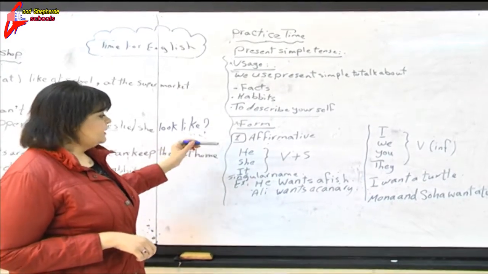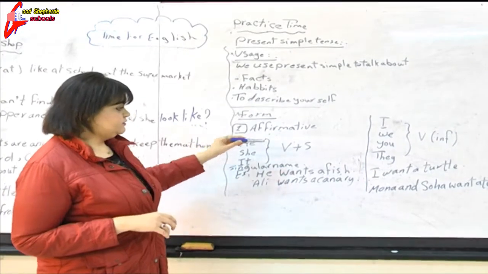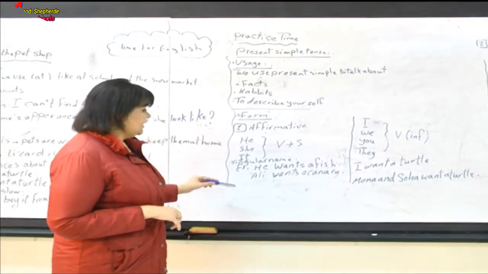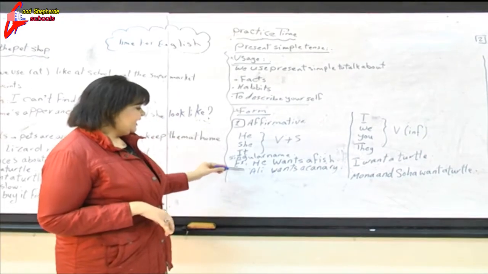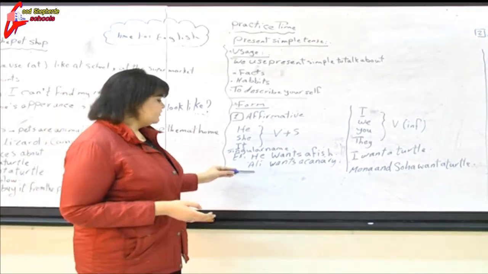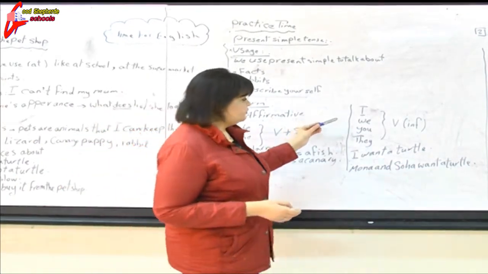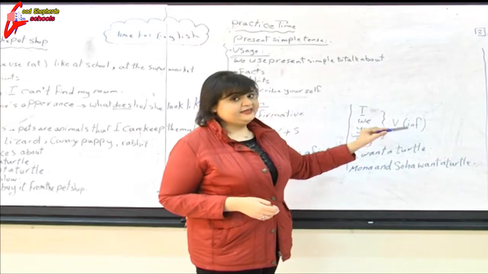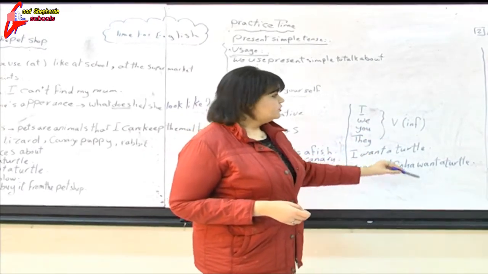For he, she, it, we use the verb plus s, like "He wants a fish." And if I have a singular name like Ali, Mona, Soha, we use the verb plus s, like "Ali wants onion." With I, we, you, and they, we use the verb in infinitive. I want a turtle, Mona and Soha want a turtle.